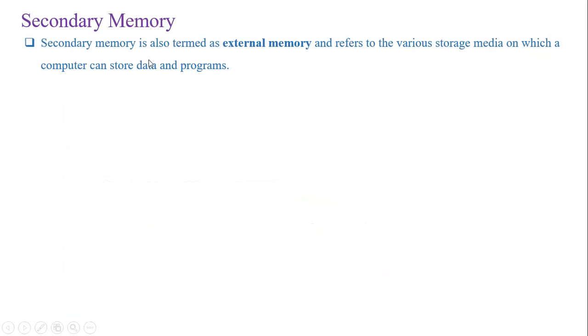Here you can see secondary memory is also termed external memory, backup memory and auxiliary memory. It refers to various storage media on which a computer can store data and programs.